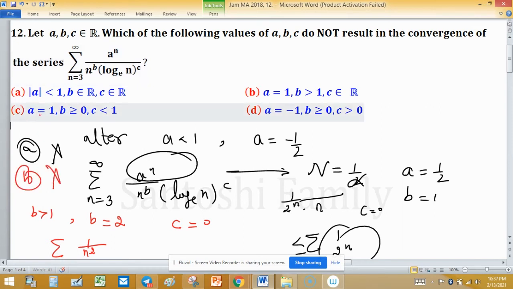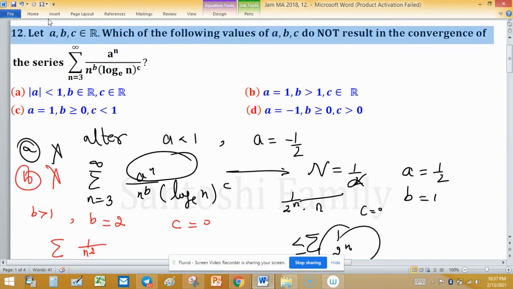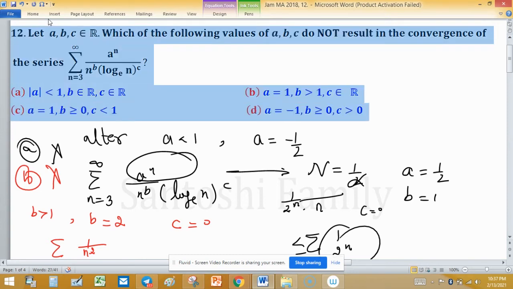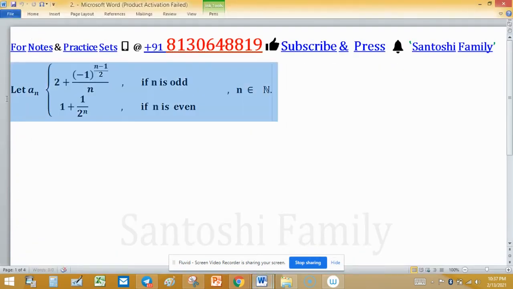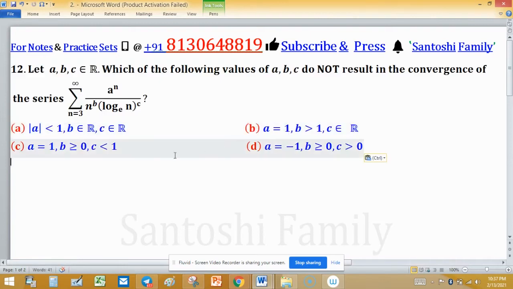Now come to option C: the value of A is 1, B greater than or equal to 0, and C less than 1. I'm going to take this problem on the next page so you can see better. For option C, A is 1, then 1 upon n, and B is greater than or equal to 0.